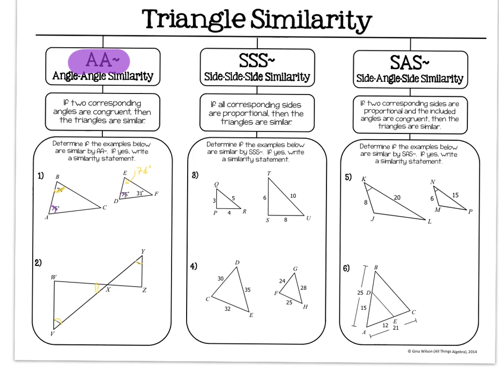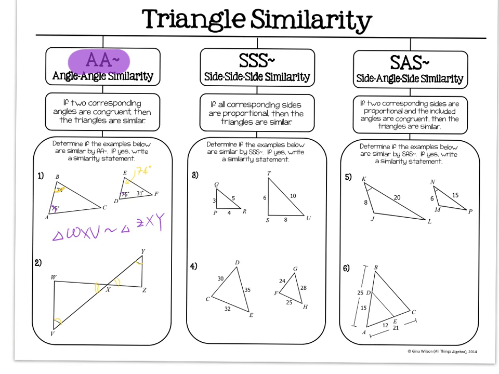I have the second pair, that's vertical angles, they're congruent. Therefore, triangle WXV is similar to triangle ZXY.